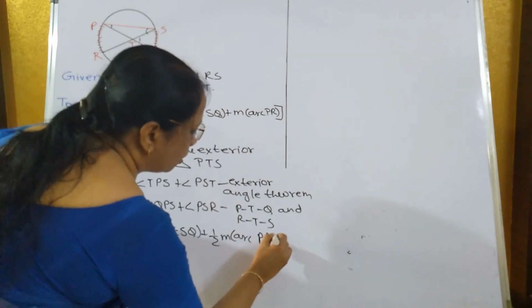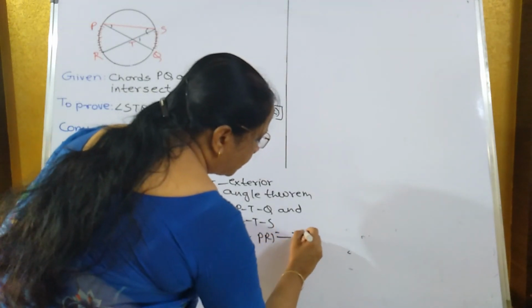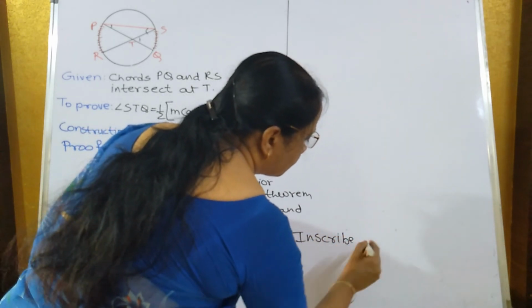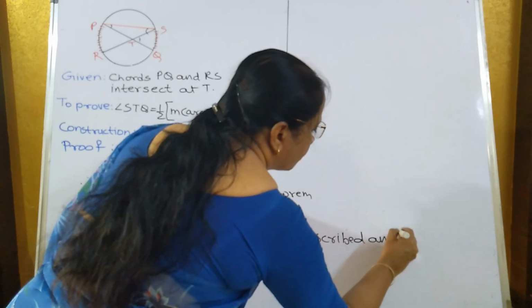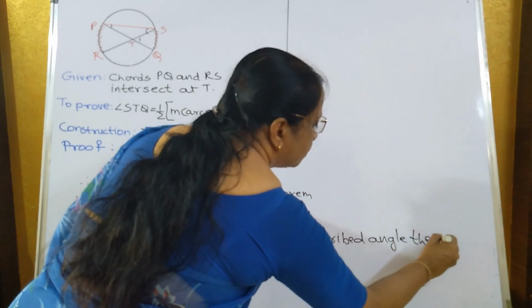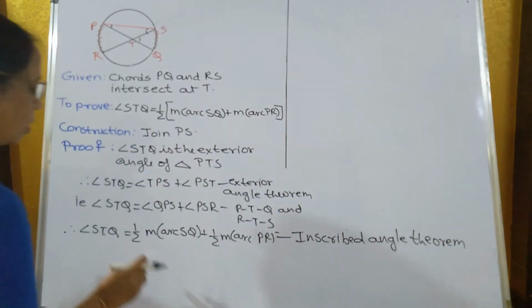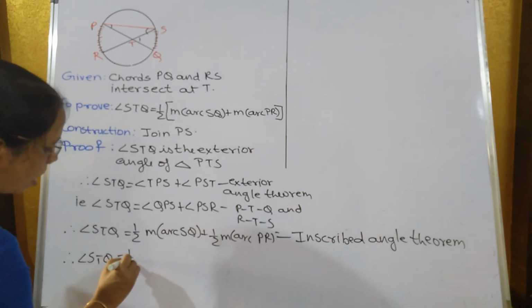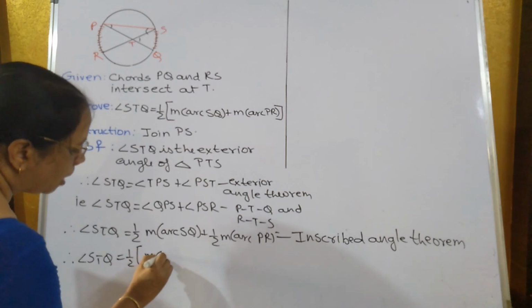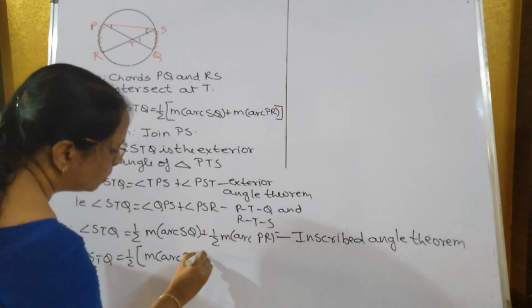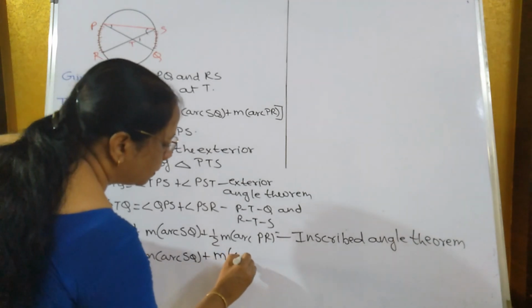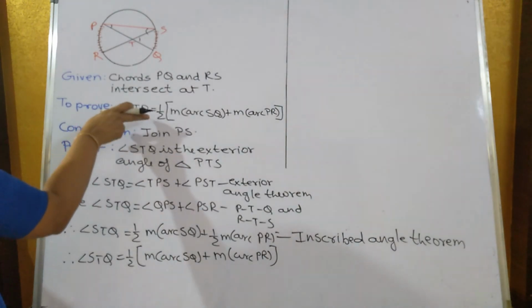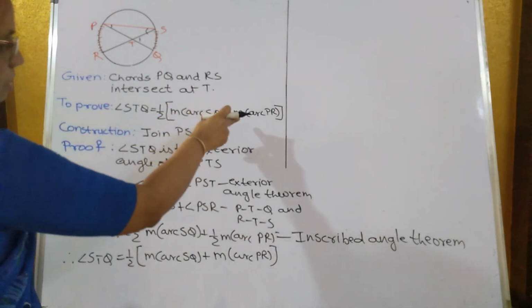Reason what you'll write? Inscribed angle theorem. Now take half common, therefore angle STQ is equal to half of measure arc SQ plus measure arc PR. So that is what we had to prove.